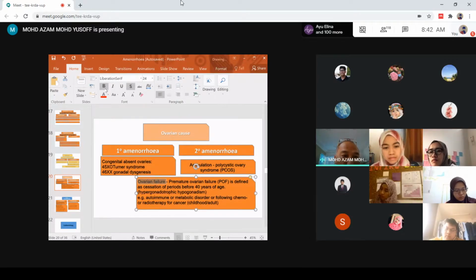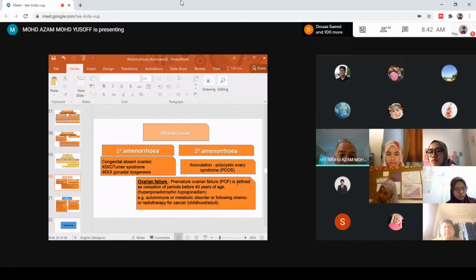We have the ovary, but it fails to function. Premature ovarian failure is defined as menses stopping or ovarian function stopping before the age of 40, less than 40 years old.